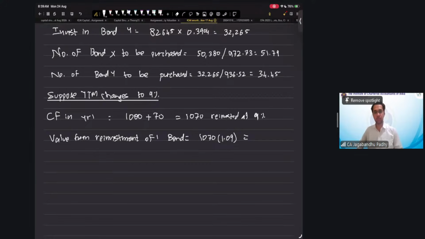We are going to reinvest it for another year, because we want the money in the second year. So from one bond X, 1070 into 1.09 is going to be 1166.3.